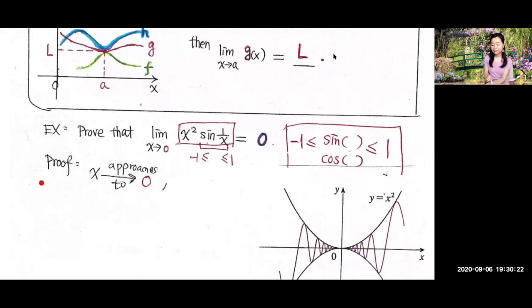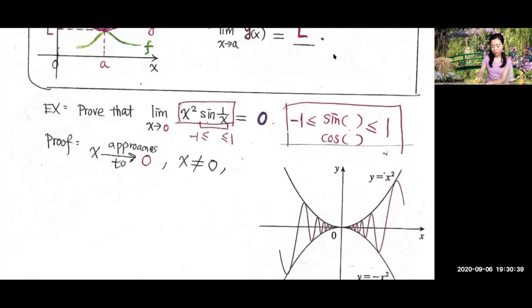So here's the proof. As x approaches 0, this arrow sign means getting closer and closer to 0. What happens here is x is not exactly 0, it's just getting closer and closer to 0 from both sides. Now, when x is not 0, then x squared is greater than 0, it's positive.